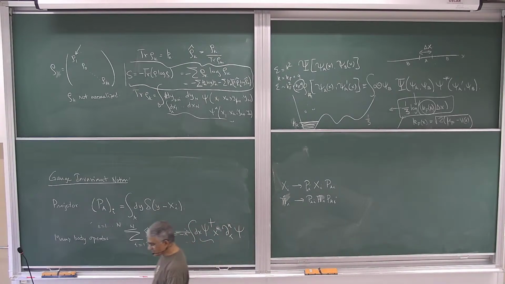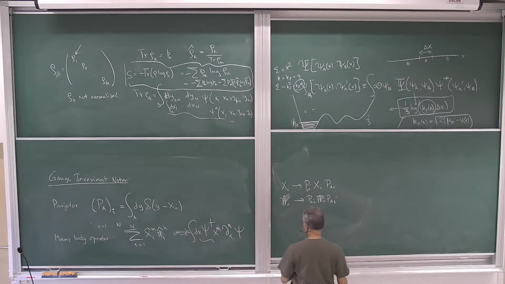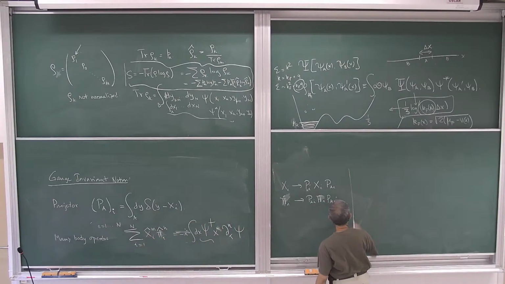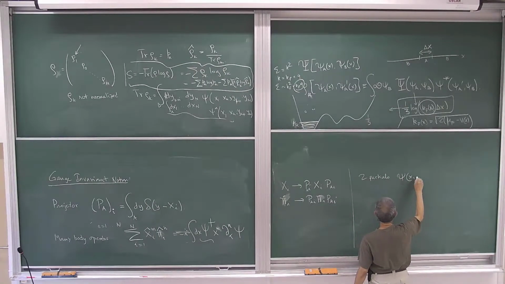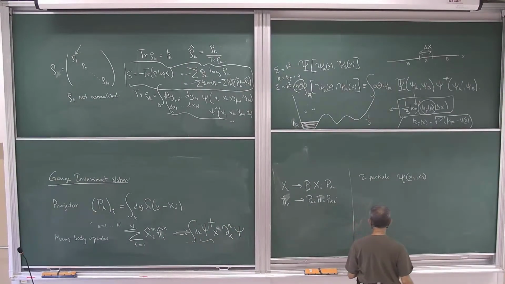Take, for example, a two-particle wave function, take some operator, and do these projections. Let me just give you the result; I'll go through the steps. If we start with, say, two particles, this works for bosons or fermions. Let me do it for fermions, some antisymmetric wave function, some Slater determinant.